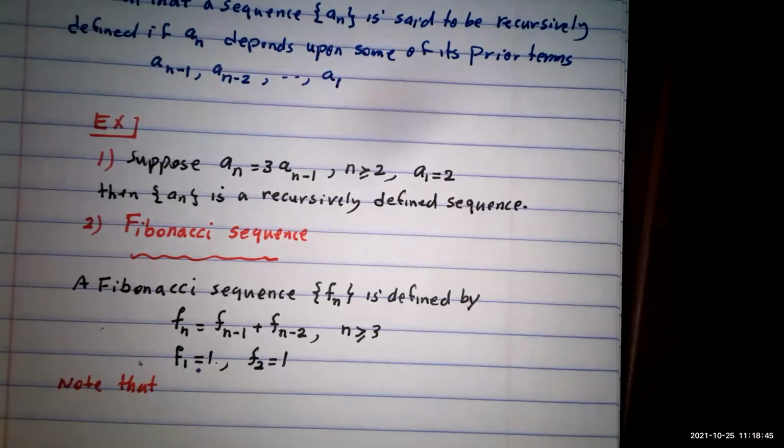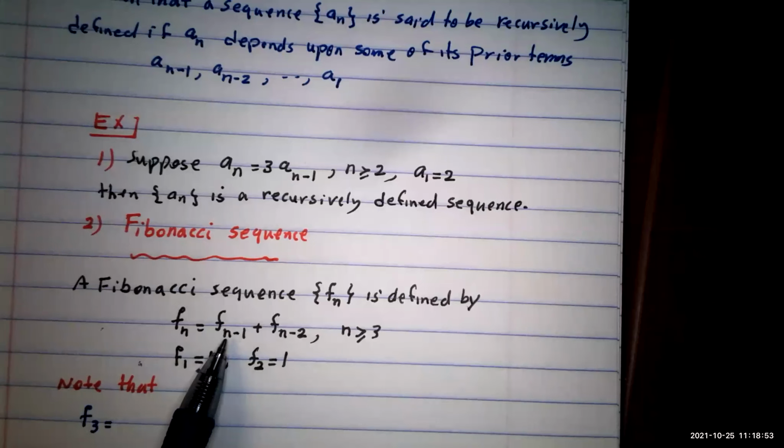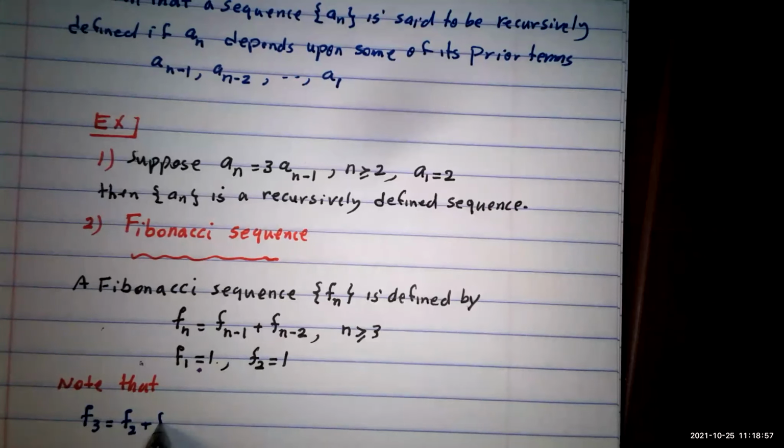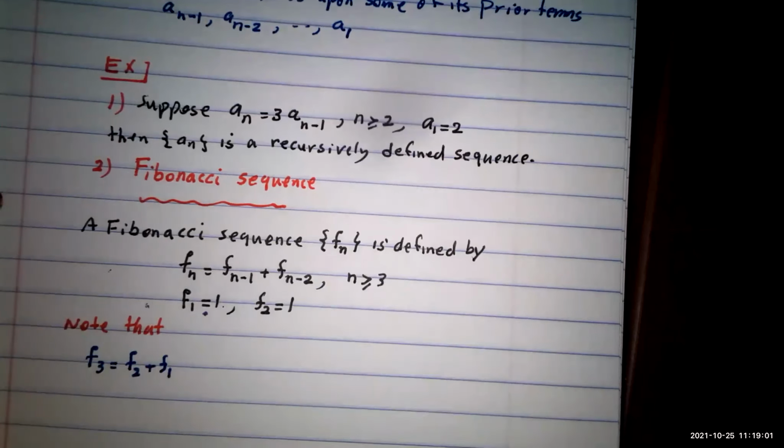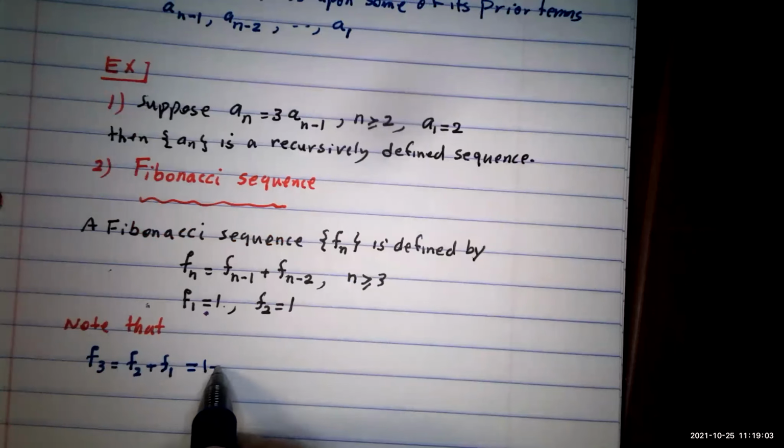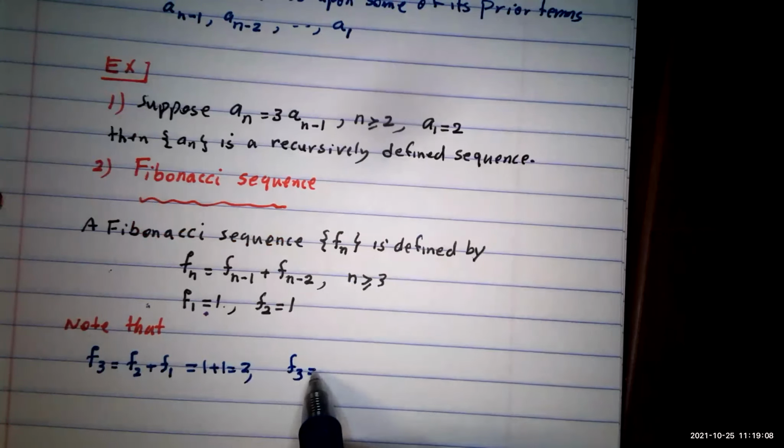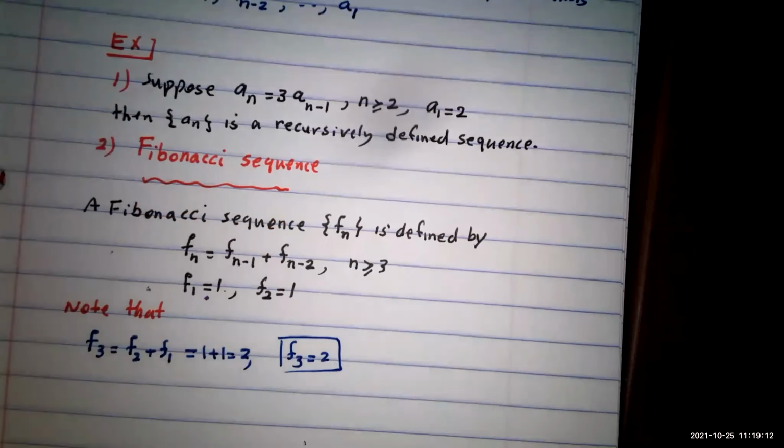So let's try a couple of terms. If you want to find F_3, we go here and replace n by 3. So the previous term would be F_2, and one more down gives F_1. Add F_1 and F_2, both of them are 1, so that gives you 2. So the third term of a Fibonacci sequence is equal to 2.